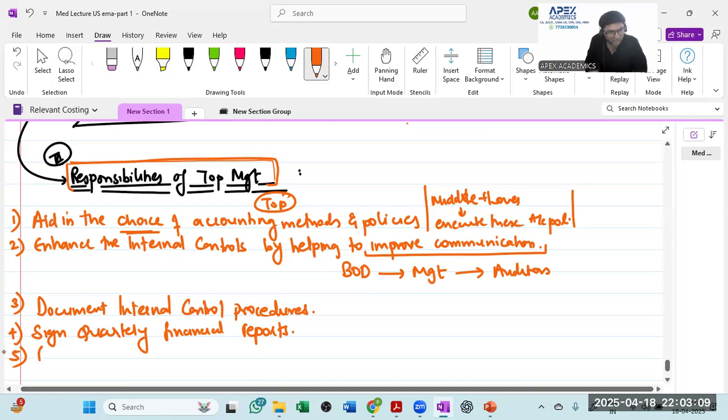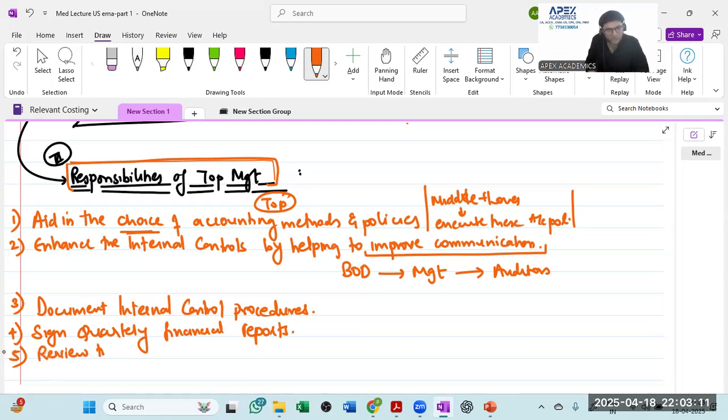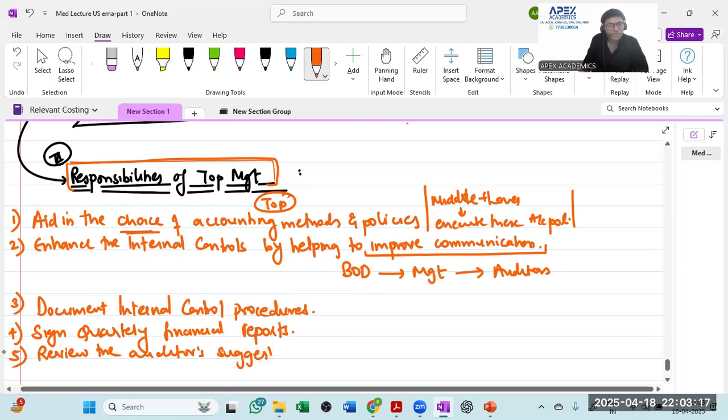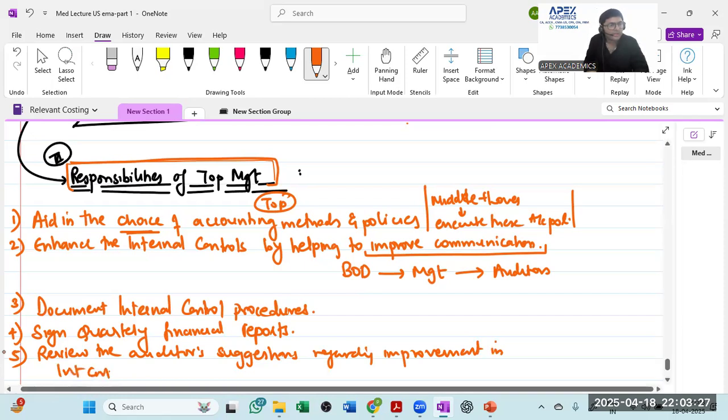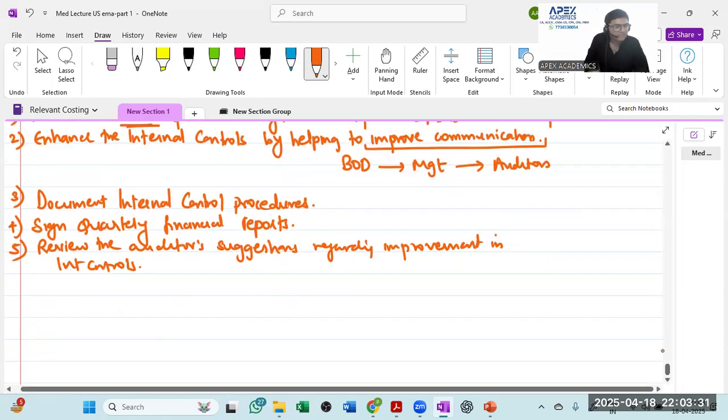Sir, what will they do? Sir, they will review the auditor's suggestions regarding improvement in what? Sir, internal controls. Regarding improvement in what? Internal controls. Sir, the next point, most important point.